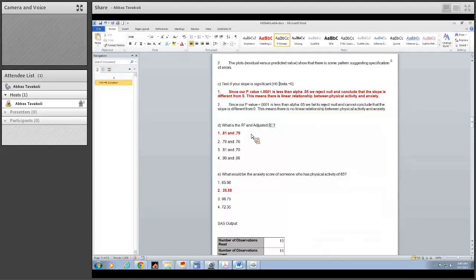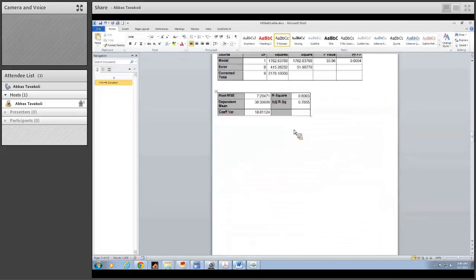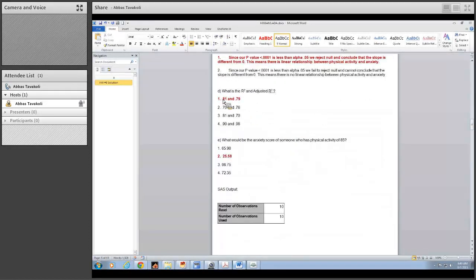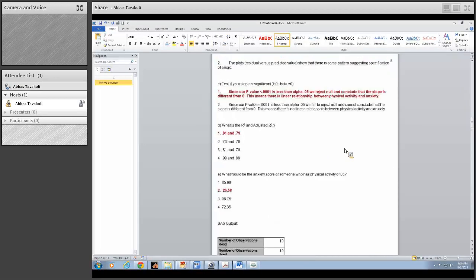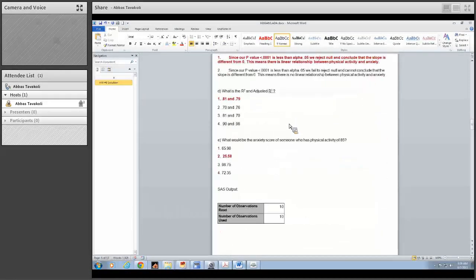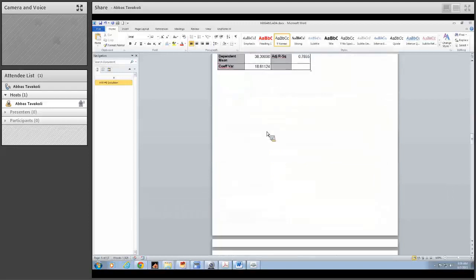What are the R square and adjusted R square? 0.80 and 0.79, or 0.81 if you round it up. That's the correct answer. What would be the anxiety score for someone who has physical activity of 85? Again, you replace x with 85, multiply by negative 0.87 and subtract from 99.54, and you get 25.58.